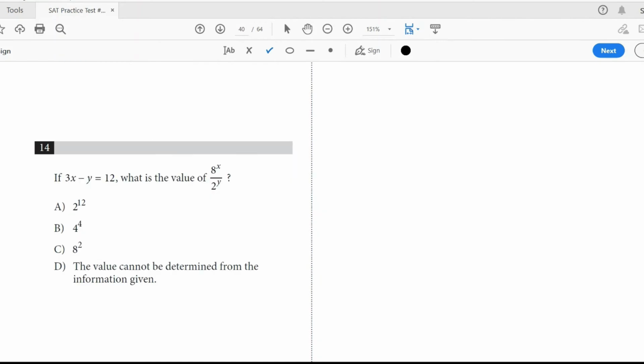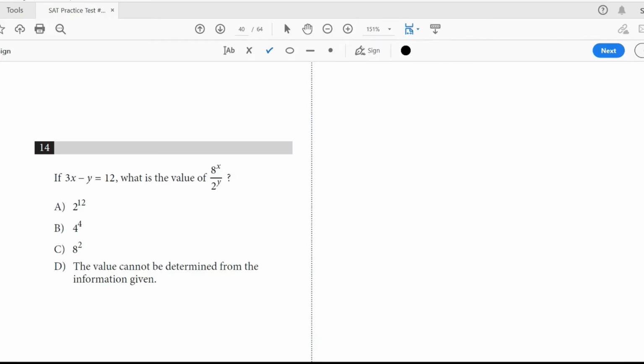Moving on to the next question, we have: if 3x minus y equals 12, what is the value of 8 to the power of x over 2 to the power of y? We have one of these equations, and we're supposed to just make these into exponents.